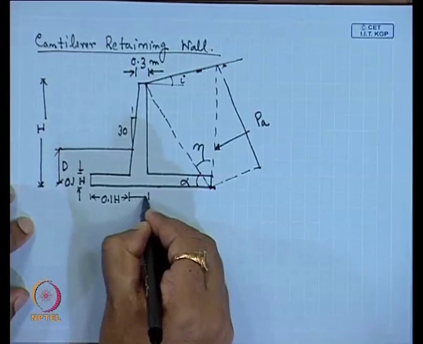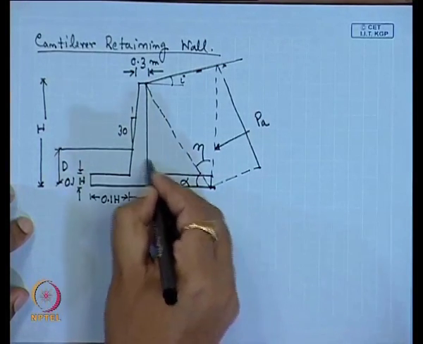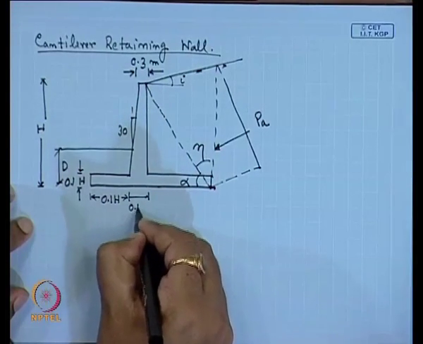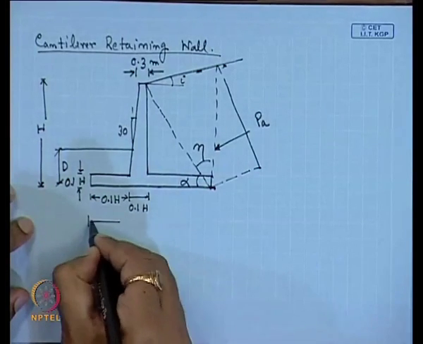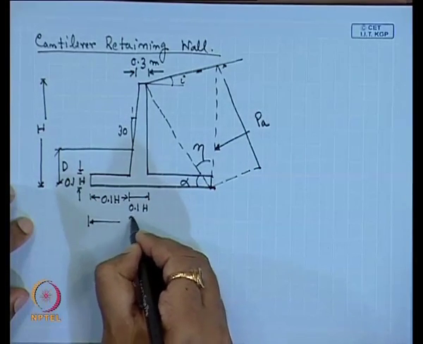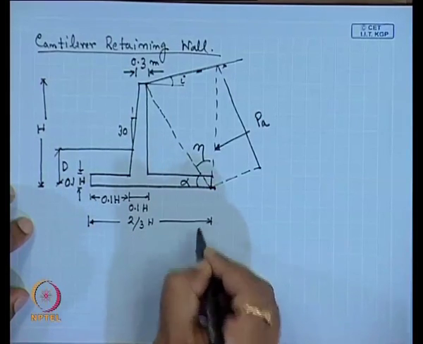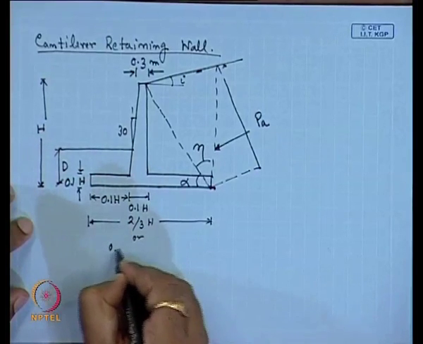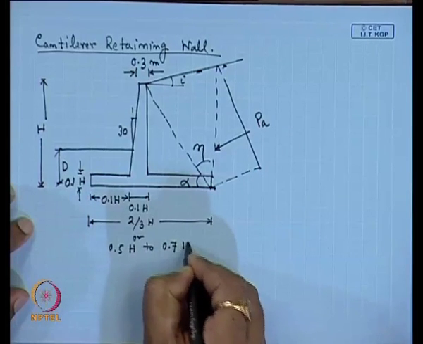At this T junction, this thickness is also recommended 0.1 h, and this base width is roughly 2/3 of h, or 0.5 h to 0.7 h.